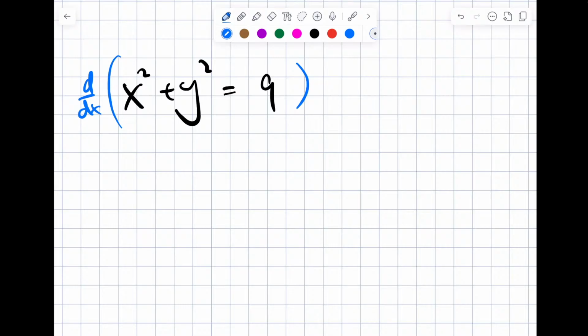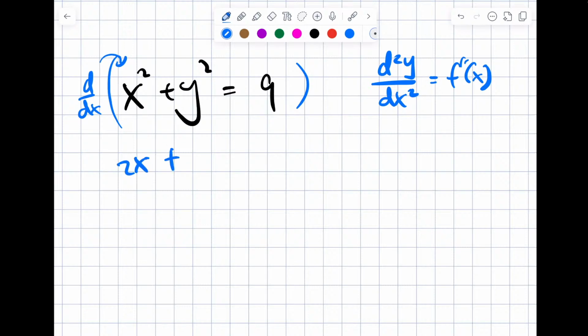All right, so I'm going to take the derivative of this function. What's the notation of second derivative? It looks like this. This is the same thing as saying f double prime. We're going to take a second derivative of this. First I'm going to take the derivative of x squared. What's the derivative of x squared? What's the derivative of y squared? 2y. What's the derivative of 9?